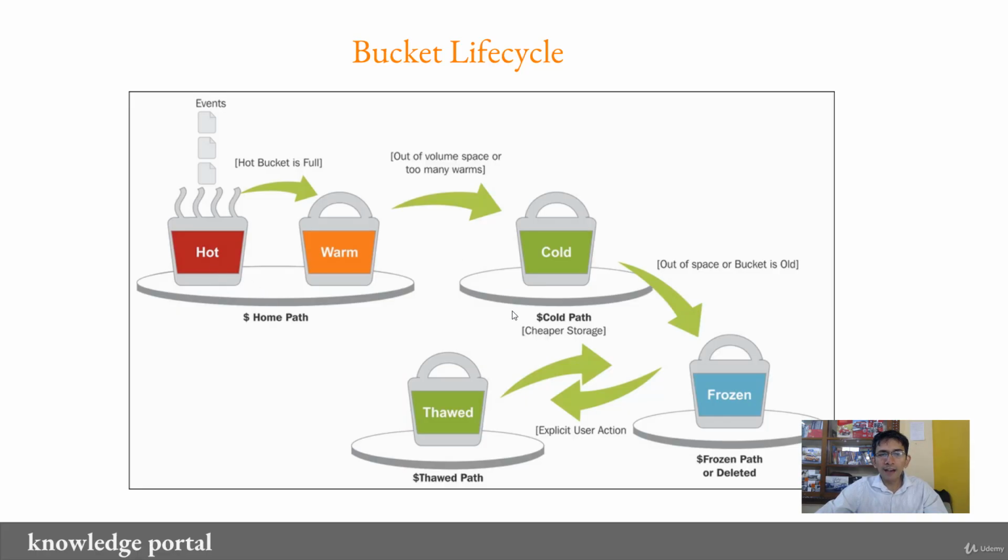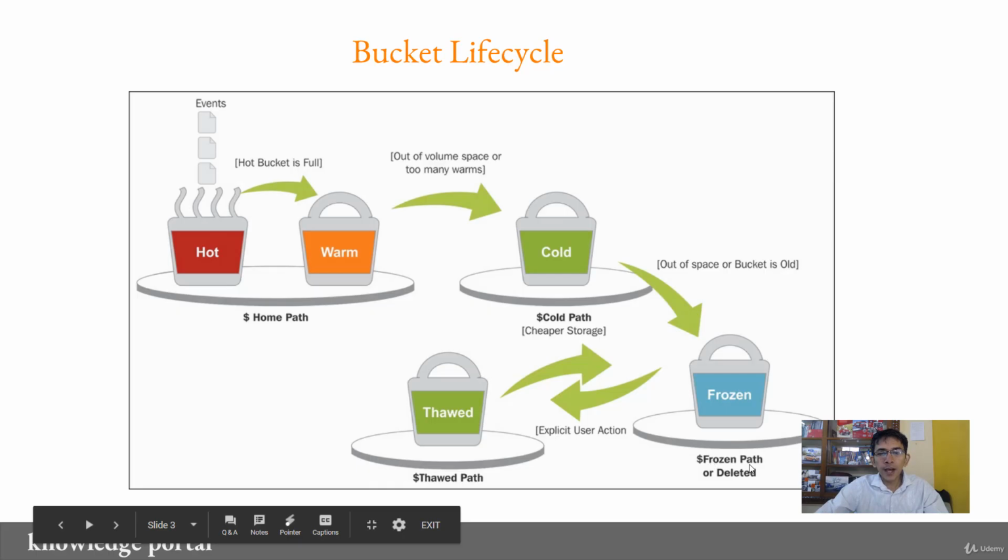However, you can have a slightly slower disk for the data in the cold bucket. Now, once data leaves the cold bucket, it goes to the frozen bucket. Any data which goes to frozen is deleted by default. You can specify a frozen path so that the data can be archived, and then you have the third path.